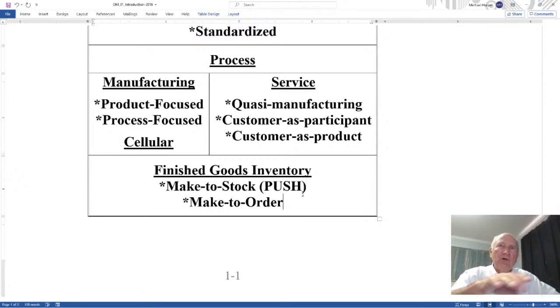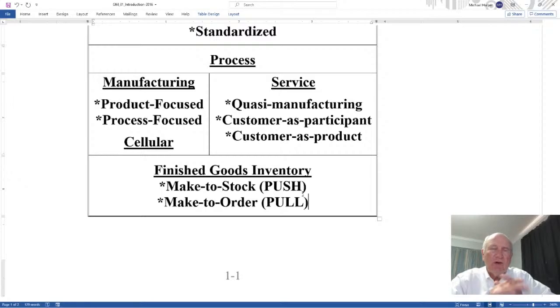Now make to order is referred to as a pull inventory strategy, where the order is pulling the inventory out of the system. So where the push meets the pull, that's called the push-pull boundary. And so you'll have push systems and you'll have pull systems, and where that push-pull boundary is in your operations is your inventory design. And here's your combining the two.